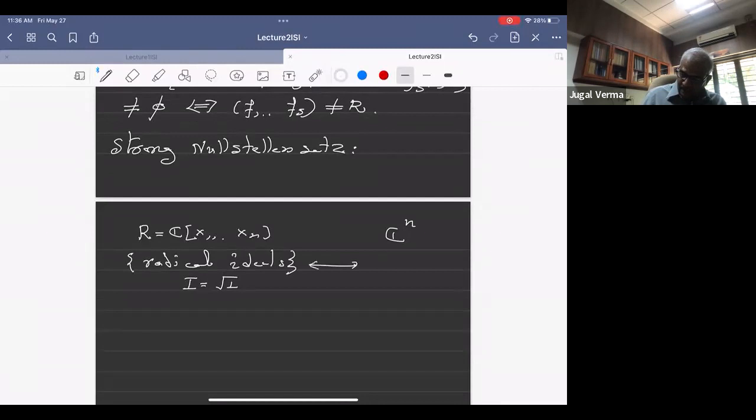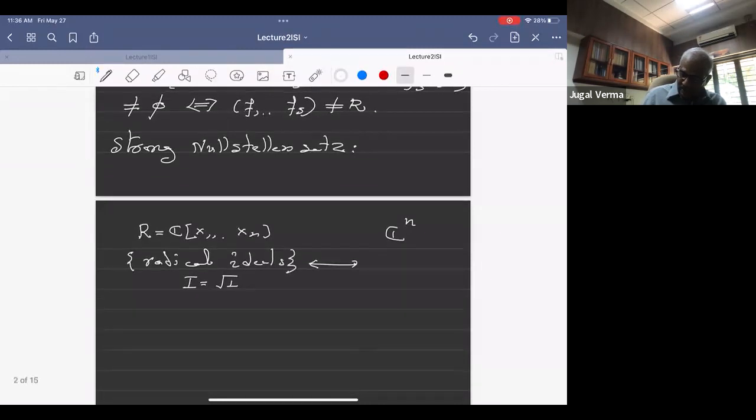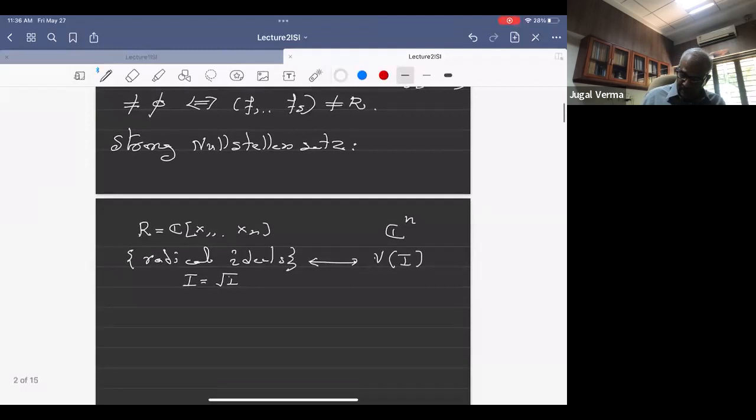And algebraic varieties related to these ideals. Okay, so the correspondence is given by I mapping to V(I), in one direction. And in the other direction, suppose I have an algebraic variety in Cn, then I send it to its ideal.